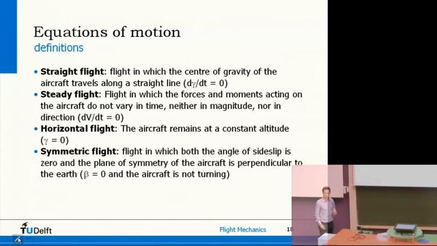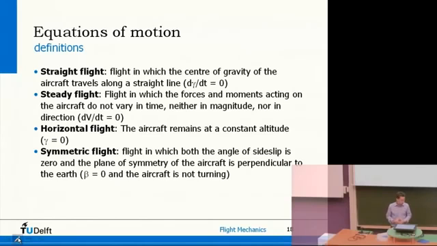Steady flight, as the word says, means that basically forces and moments acting on the aircraft don't vary in time, not in magnitude, so the size of the force, or in direction. All that means in simple terms is that the aircraft is not accelerating or decelerating. Because if you were accelerating, then either lift or drag would have to change. So steady flight just means you're flying at a constant speed.